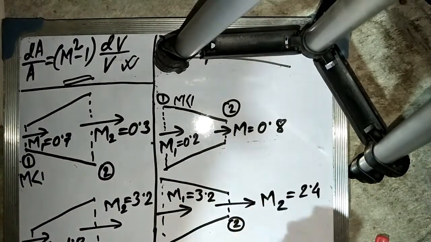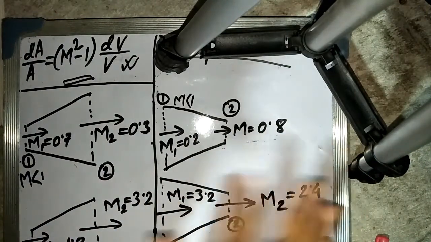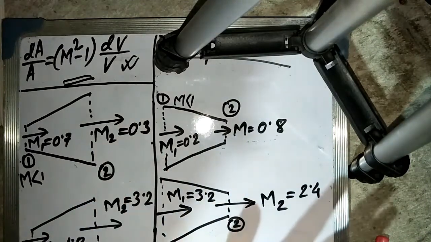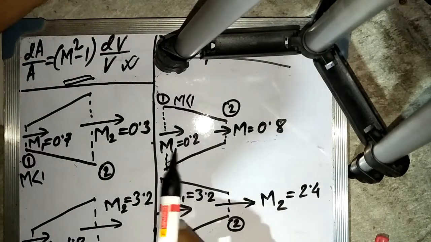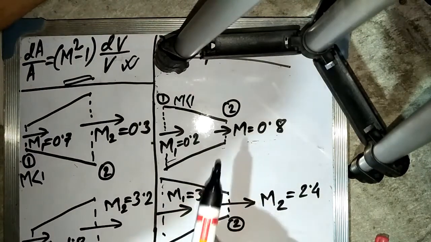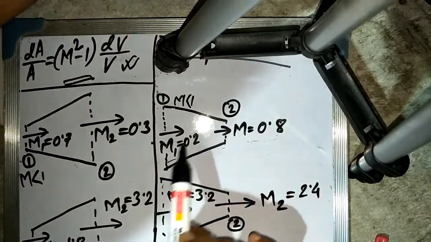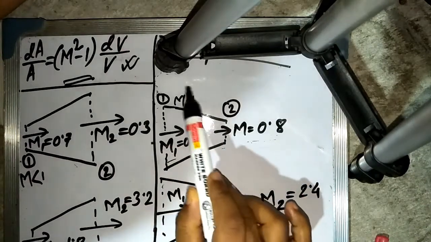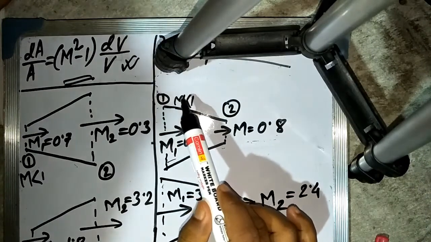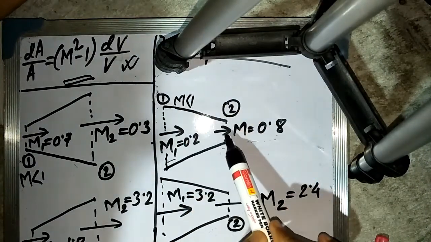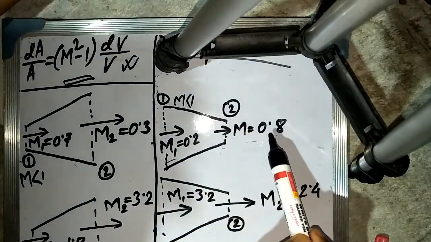So the four types of ducts are shown here. First, these two are the convergent type ducts and these two are the divergent type ducts. For case number 1, the convergent duct, when the inlet Mach number is less than 1, that means subsonic, the convergent duct acts as a nozzle.